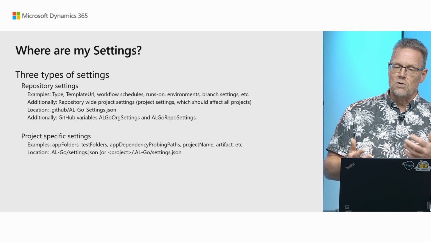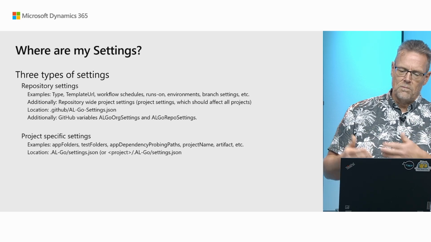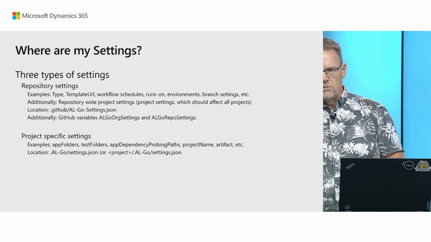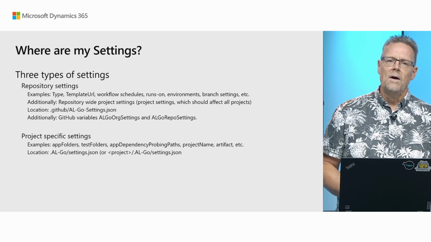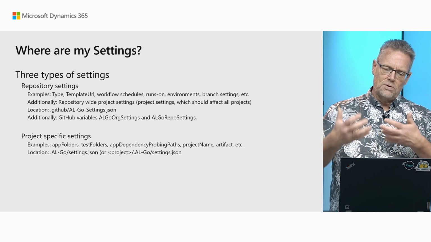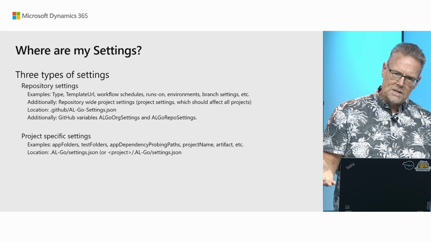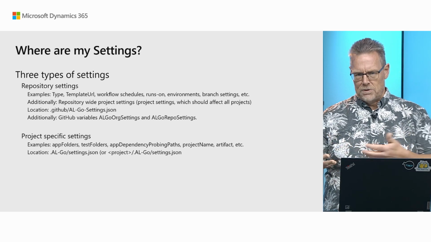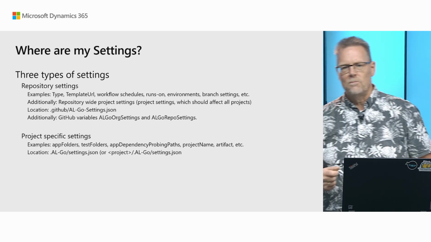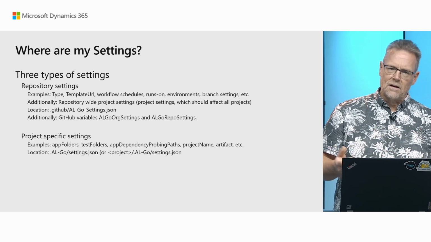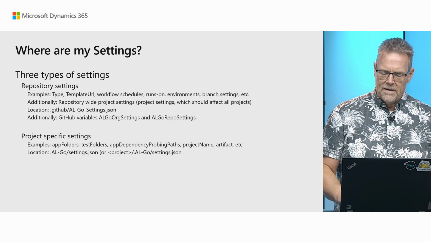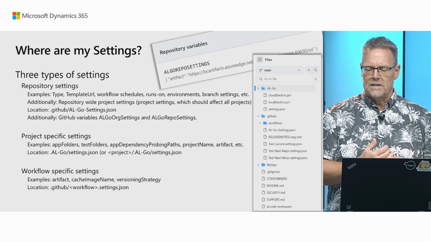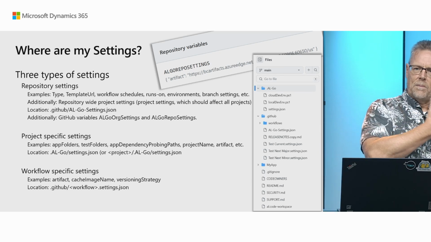And these project settings could be app folders, project name, dependencies, the artifacts using, the country you're targeting this project for. So the repository is the global settings. The project is the individual project. You don't have any settings per app per se. You have the app JSON where you can specify stuff, but that's not ALGO settings, that's app-specific stuff. You do also have workflow-specific settings. The workflow-specific settings are also on the repository level.